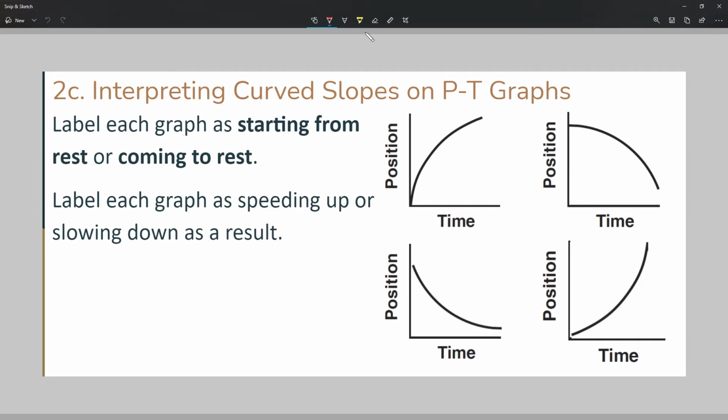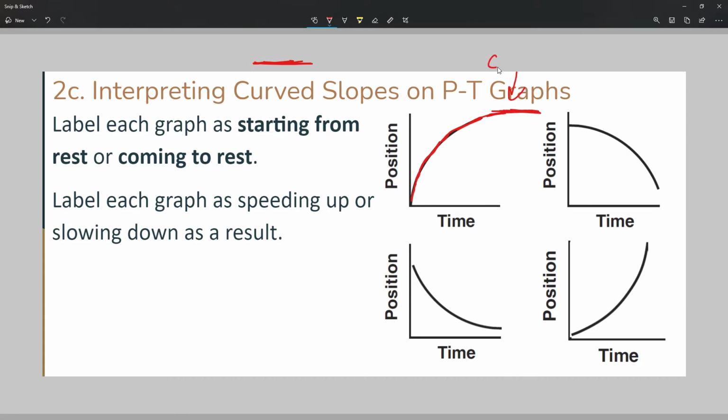So we want to label each graph as either starting from rest or coming to rest. So let's take a look at the first graph. And again, we're looking for a horizontal line, because that's what it means to be at rest on a position time graph. If you take a look at this graph, you can see that this line curves and then slowly comes into a horizontal line.